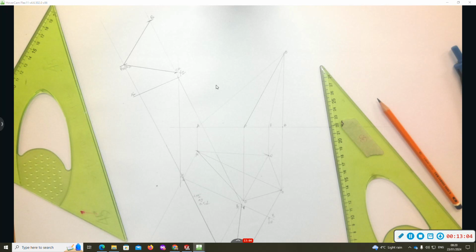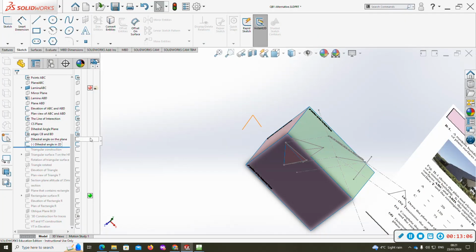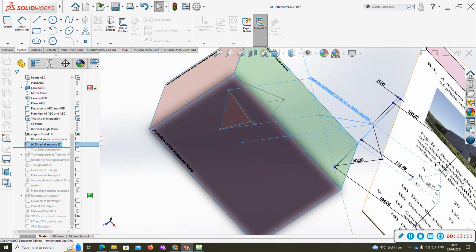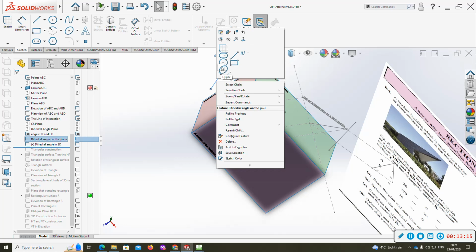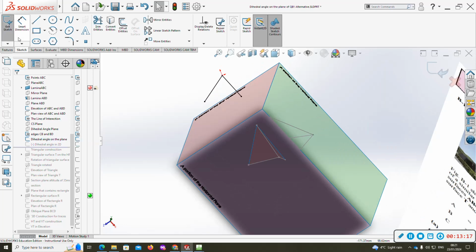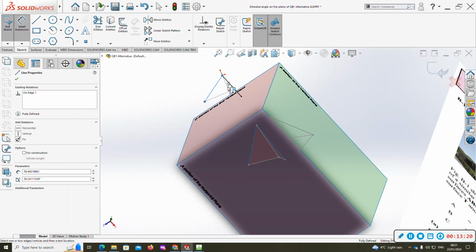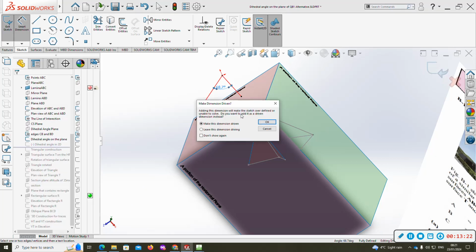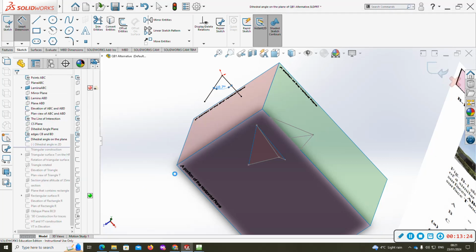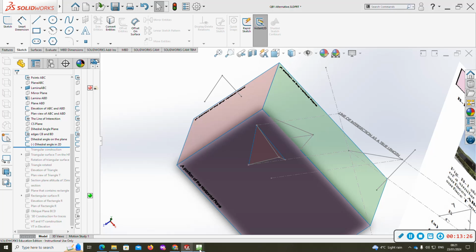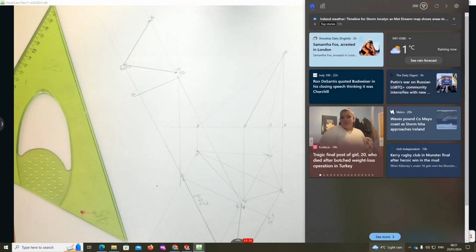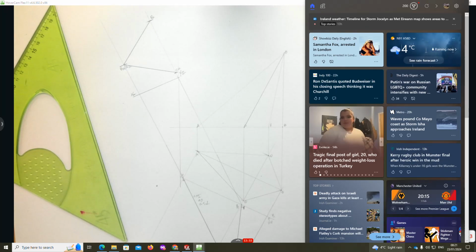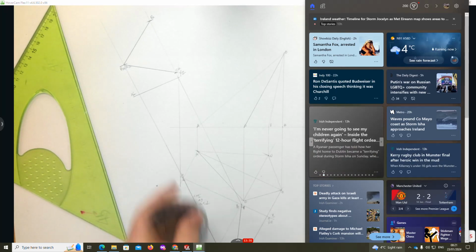And then you can see our dihedral angle, 68.7. We're going to get our protractor.